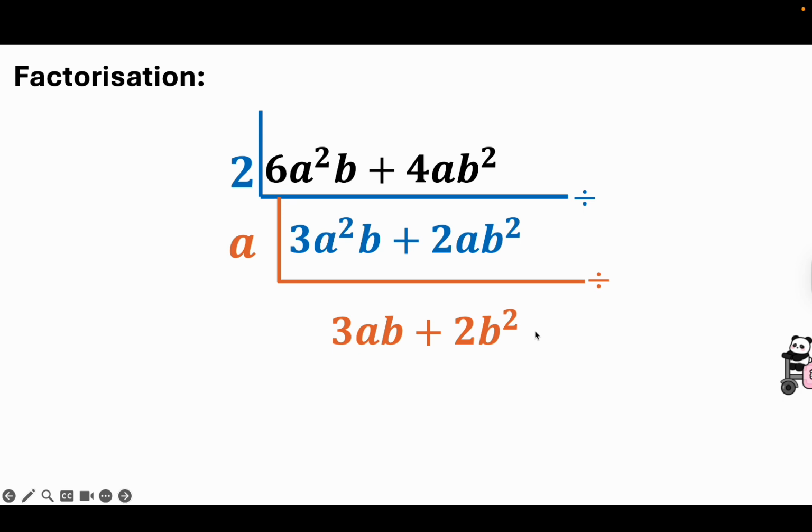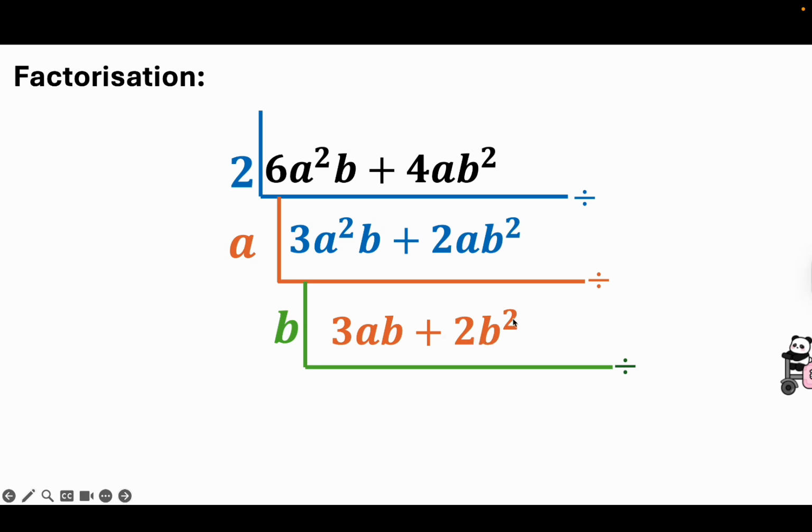Then we just keep doing the process. Write another long division bar, which means division, and try to find anything else they have in common by looking at this line. They both have b in there, so we put a b outside at the front. If you divide 3ab by b, you get 3a.